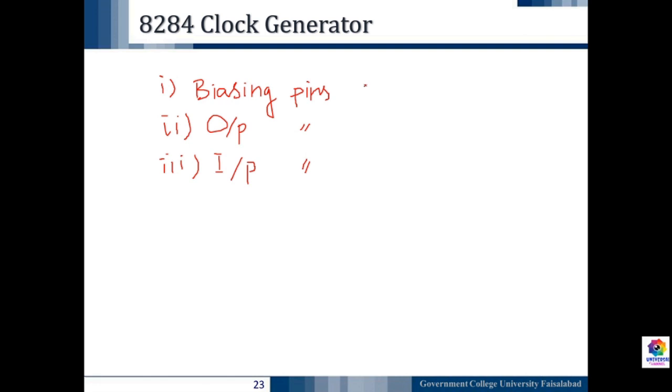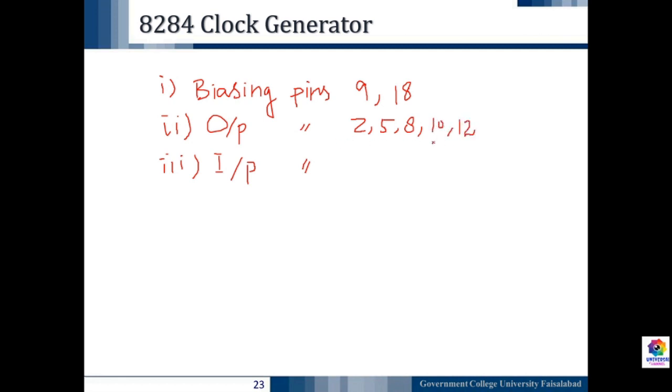So the biasing pins are pin number 9 and pin number 18, for the ground signal and for the VCC respectively. While in the second group the output pins are pin number 2, 5, 8, 10 and 12.